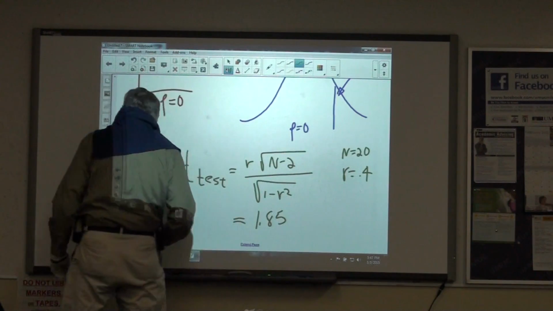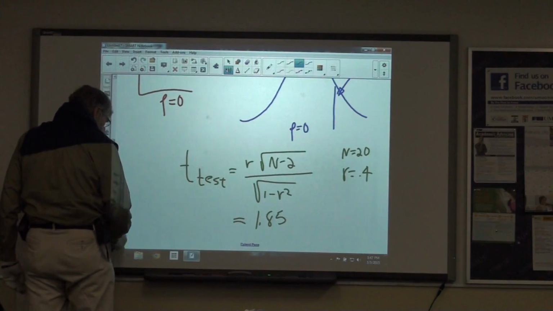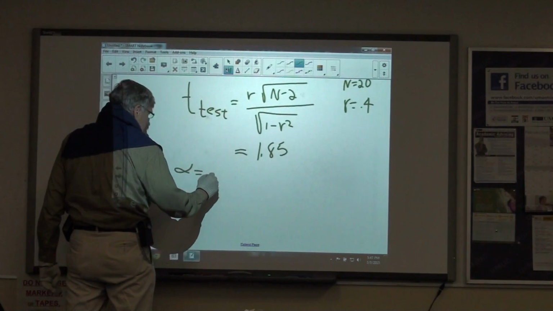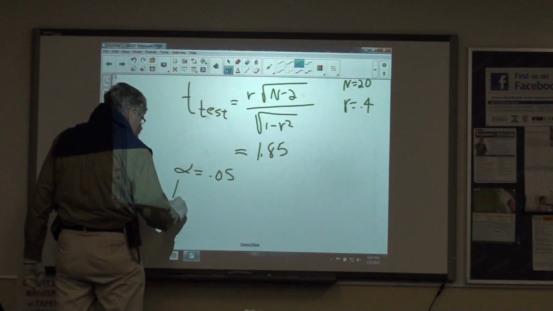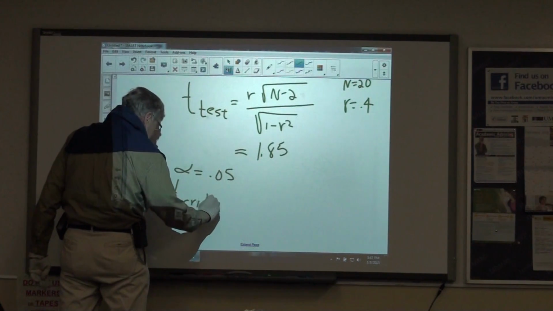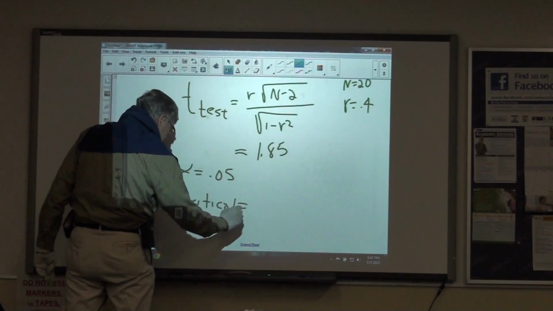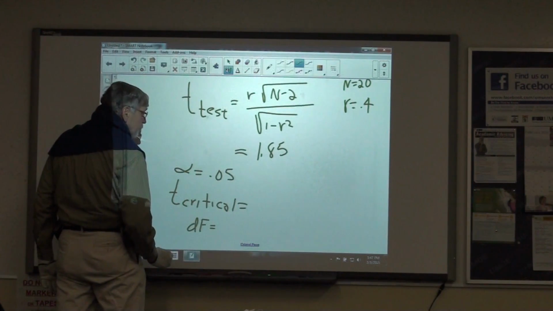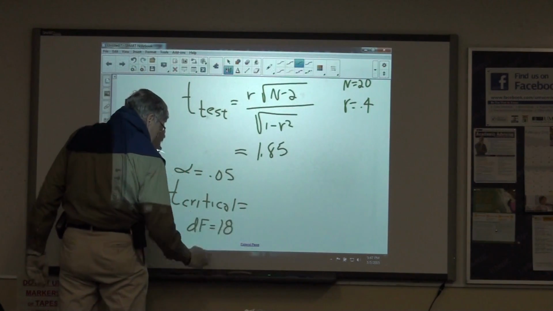Okay, so now what we have to do is take our alpha equal to 0.05. So what is T critical? From the T table, what's the degrees of freedom equal to? 18. But is it two-tailed or one-tailed?